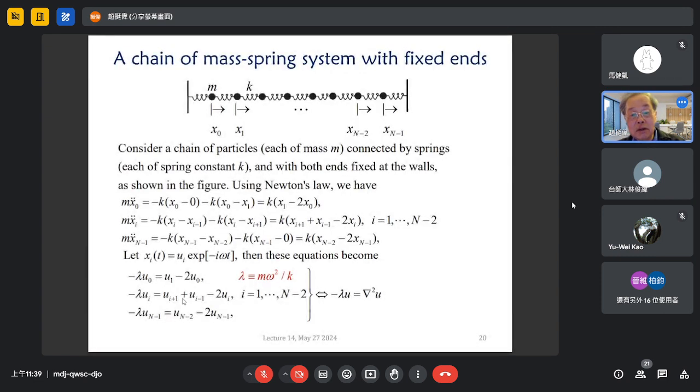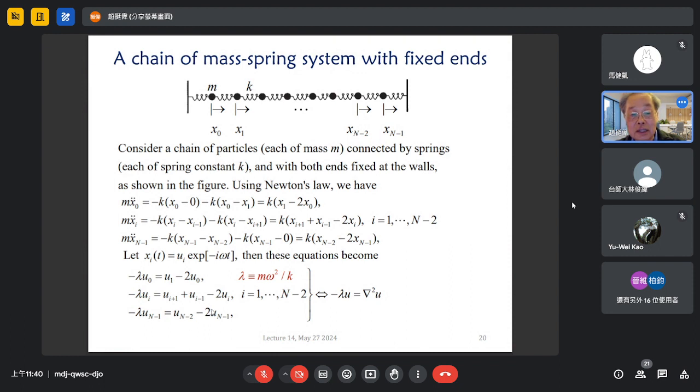For this simple case where all the particles have the same mass m and all springs have the spring constant k, this becomes simpler. Then you can have this eigenproblem written in this form.